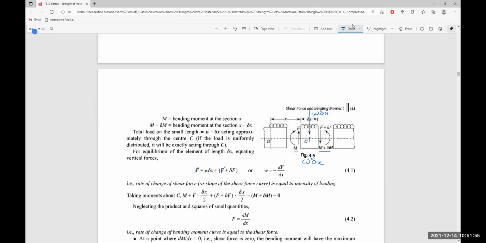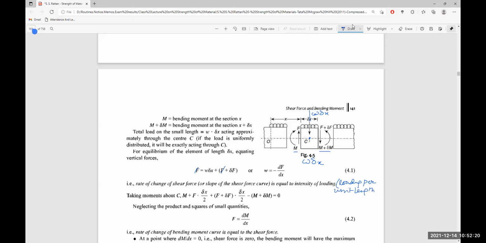So the rate of change of shear force, that is the slope of the shear force curve, is equivalent to the intensity of loading. The rate of change of shear force per unit length is equal to the intensity of loading, or loading per unit length.